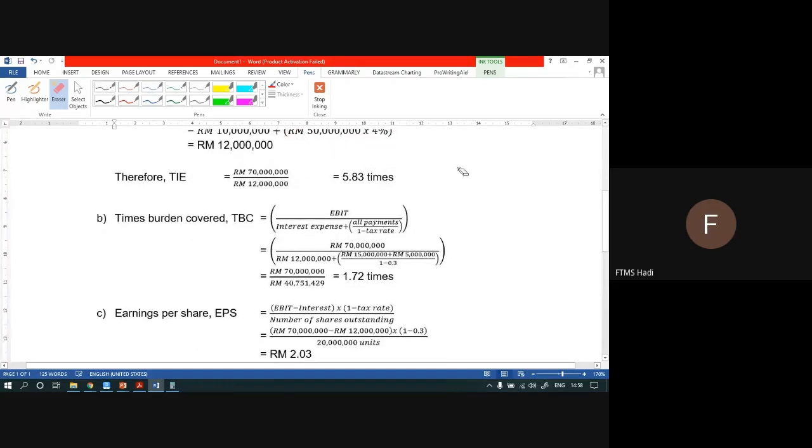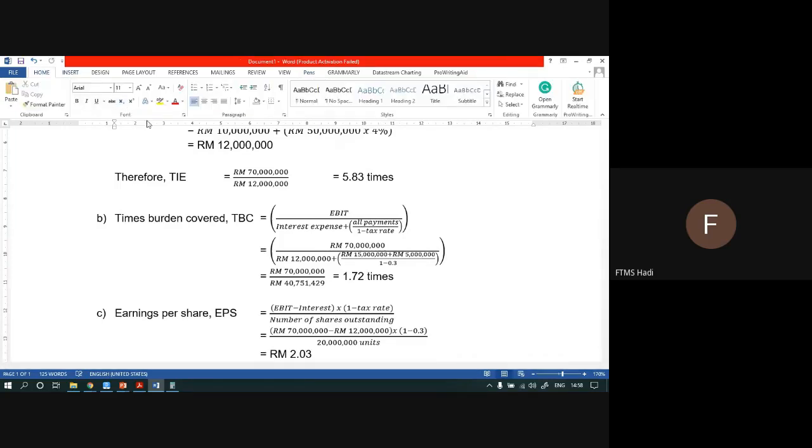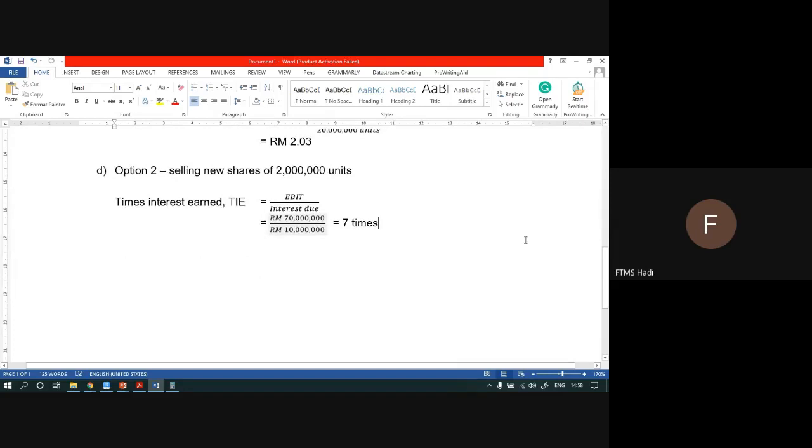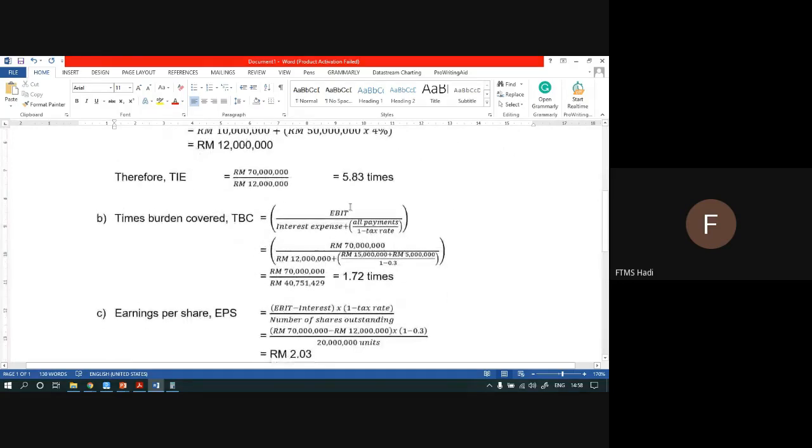Okay, let me finish up the calculation. The next part here is times burden covered, TBC. Same formula, I just copy here.